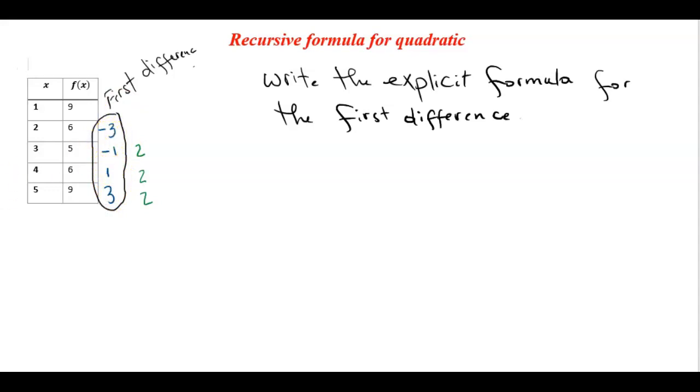So we're gonna have -3 plus, and the common difference, which is the second common difference, is 2, factor of x minus, and again the -3 is with the second term. So therefore we're gonna say x minus 2.